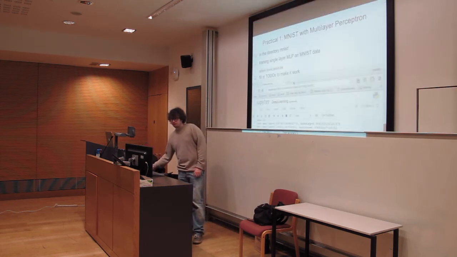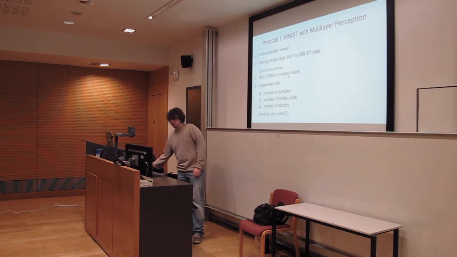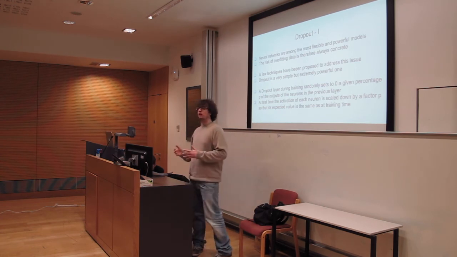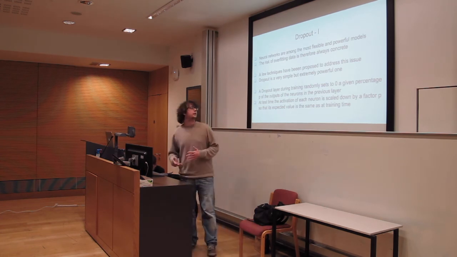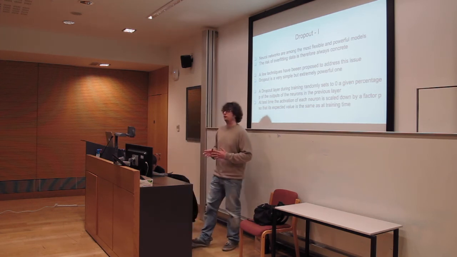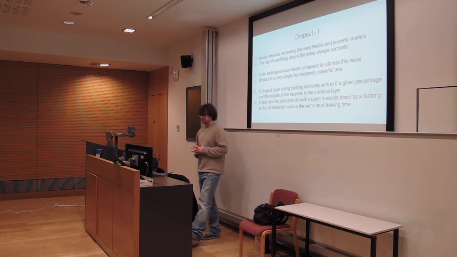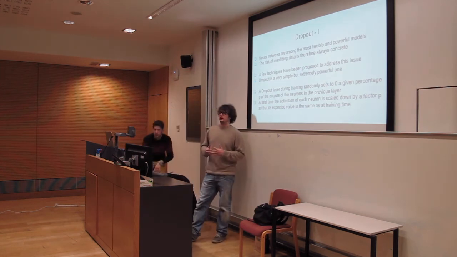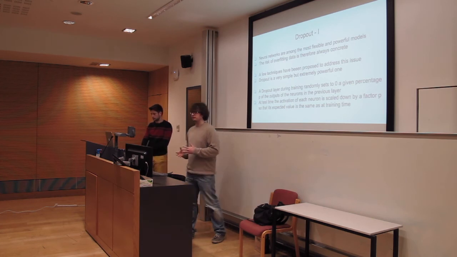So in terms of overfitting, there is one technique which is particularly interesting. Besides just stopping your training early in order to avoid overtraining your network, another thing which is often done is called dropout. Dropout is a very simple idea, which turns out to be very powerful and very effective.